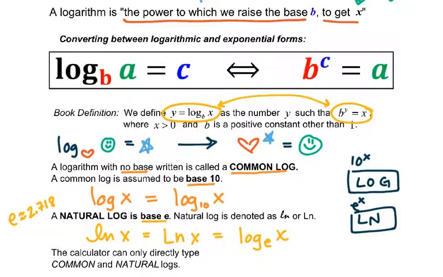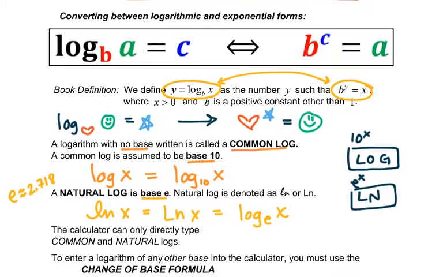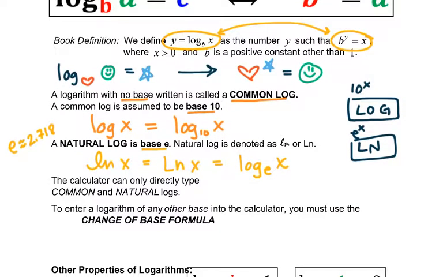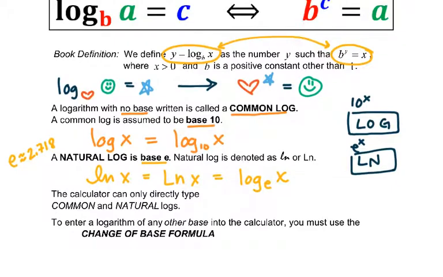So the calculator only has a log and an ln button, so it can only directly type a base 10 or a base e log. But we know that logs can exist for any base as long as it's a positive number not equal to 1. So when we need to deal with that, we talk about our change of base formula.